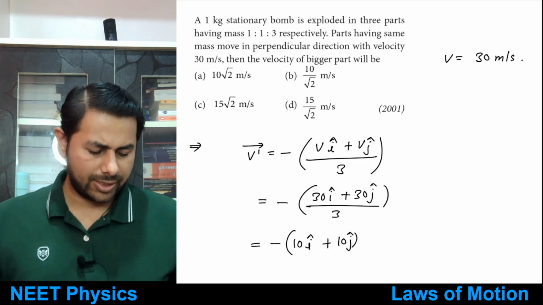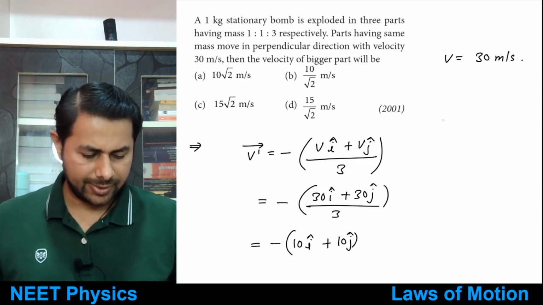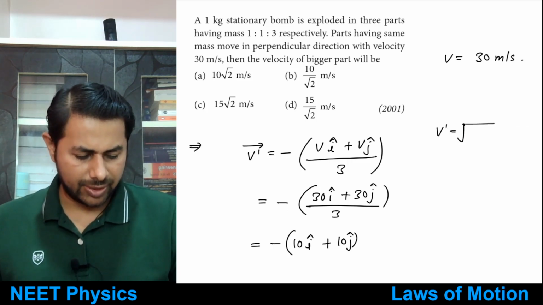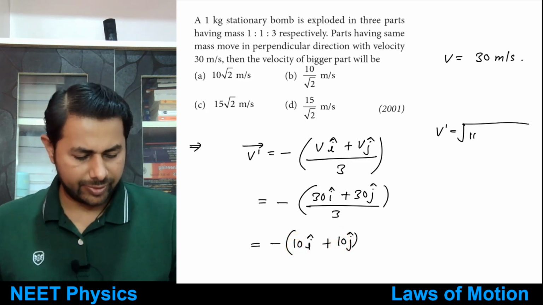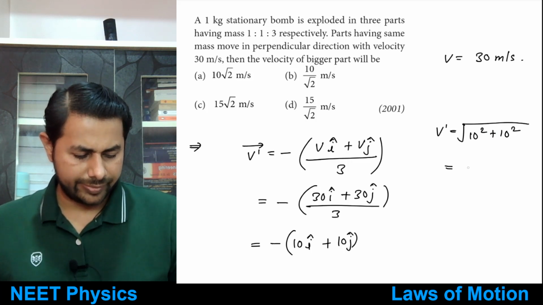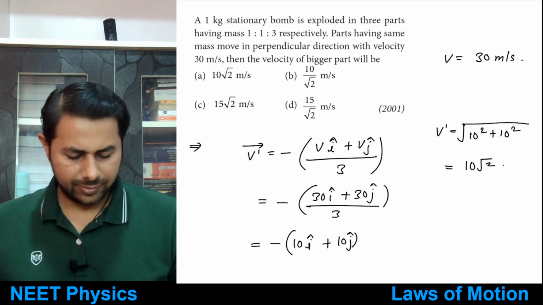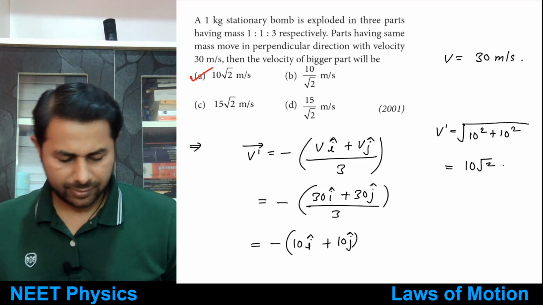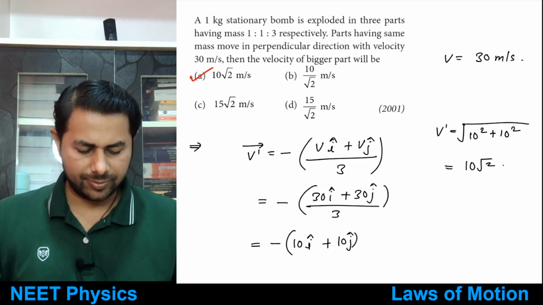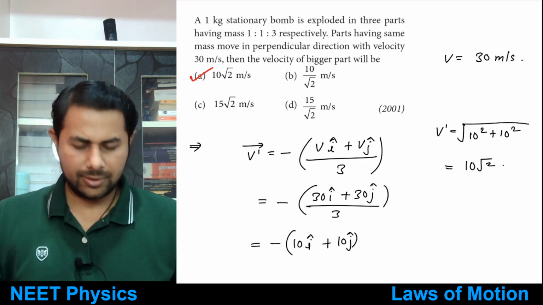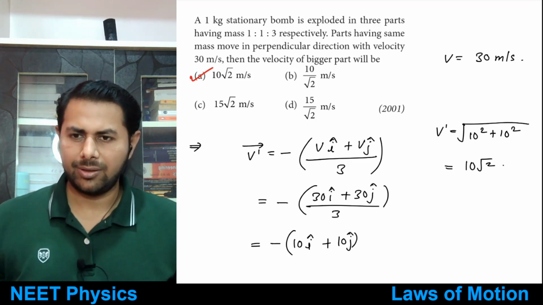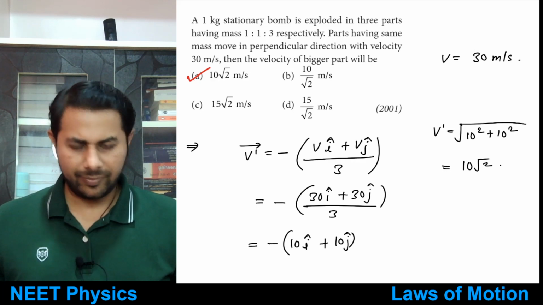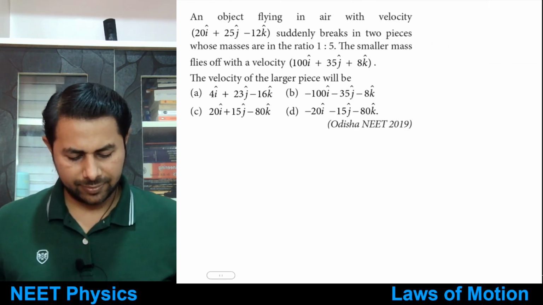So 10 root 2 would be the answer. Its magnitude is the square root of 10 square plus 10 square, that is 10 root 2. So again, a simple question, exactly the same as the previous one. Okay, let's see the next one.